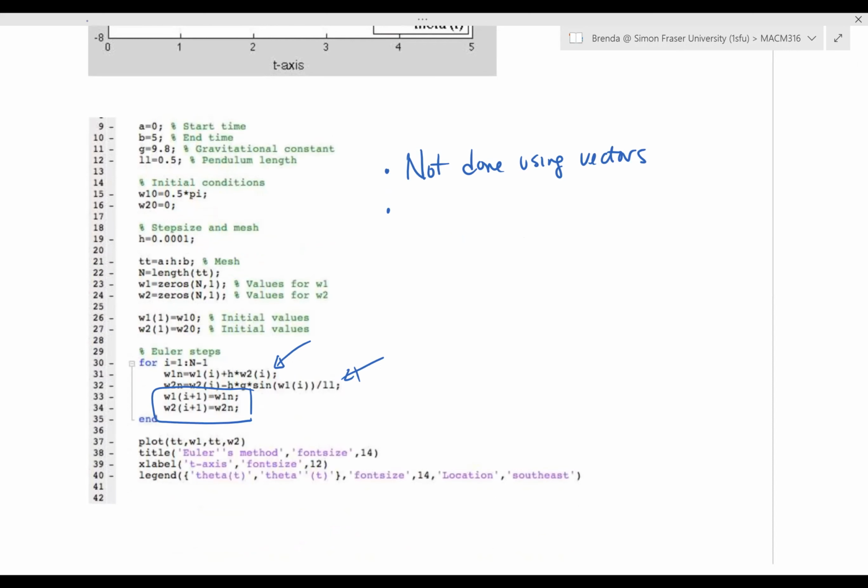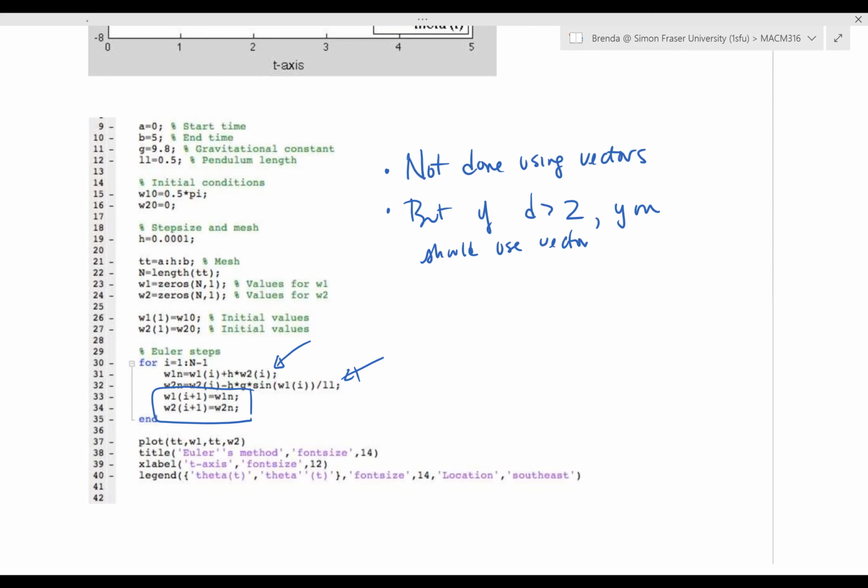So it's not done using vectors, but if the order of the differential equation was bigger than 2, you should use vectors.